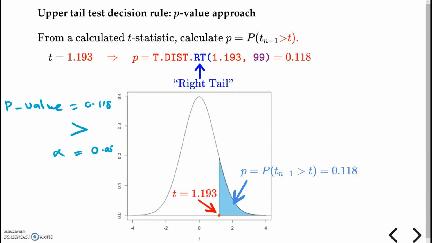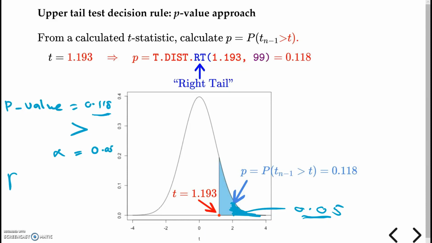Okay, the p-value that we got for this test, which is 0.118, is greater than alpha, which is 0.05. If I draw this alpha value in this particular example, alpha equal to 0.05 should be something like this, right? And the p-value is obviously greater than that alpha value.